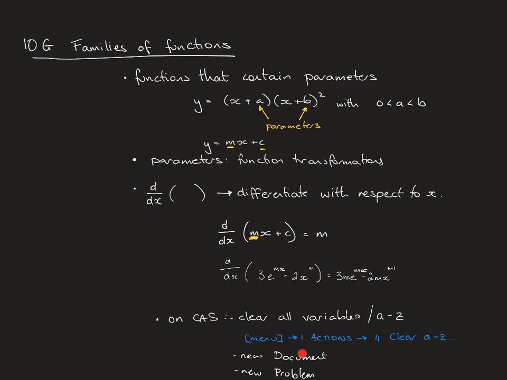Any one of these gets rid of any stored values for variables, and then you can work your way through. If you don't clear the variables and you've got a value, say for m in this question here, when you find your derivative, you won't get a formula, you'll get something with values in it. And that'll give you an idea that you've got it wrong. So let's look at some questions.